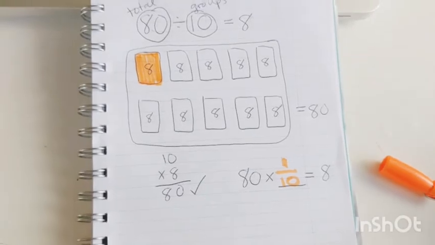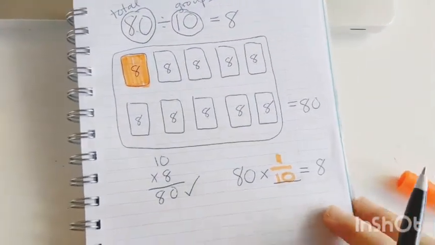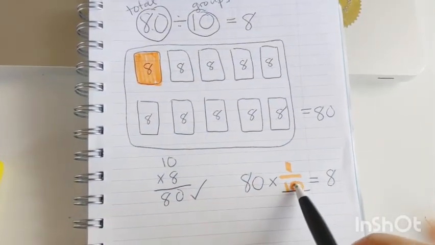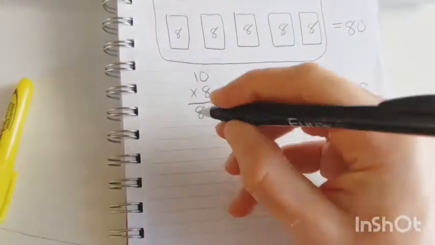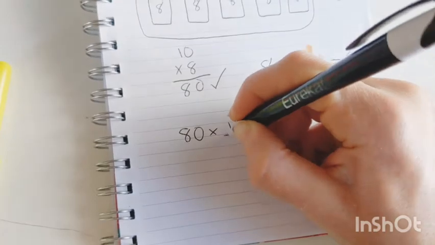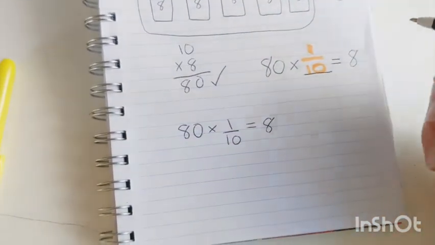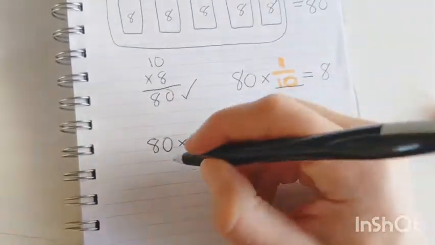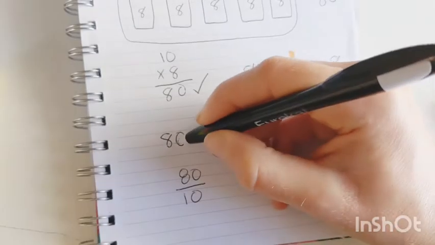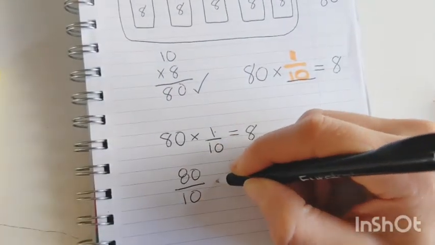The other thing that we can think of, so if this felt confusing to you, another way of thinking about it is that fractions are really just division problems. So anytime we have like 80 times 1/10, if I multiply this across, I notice that it becomes 80 over 10, because I go 80 times 1 is 80, and then it's still the 10 on the bottom.